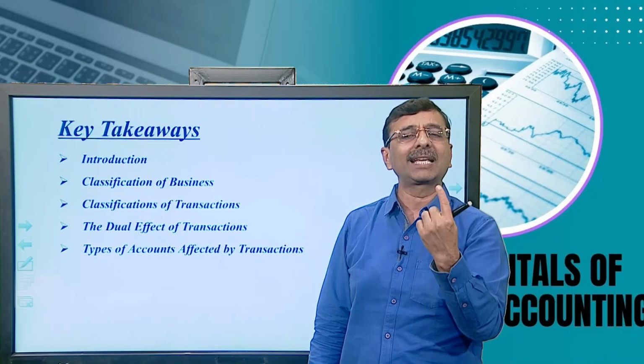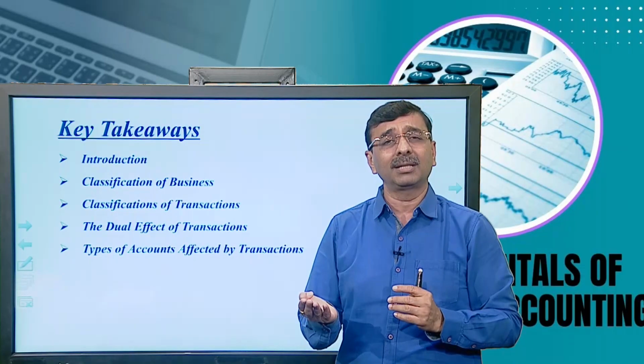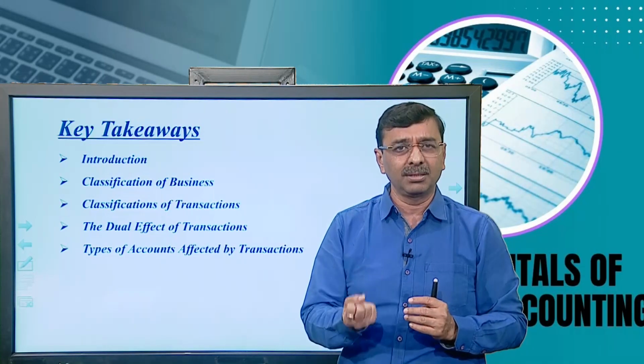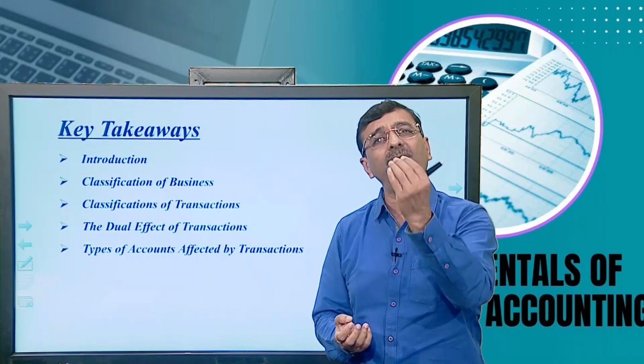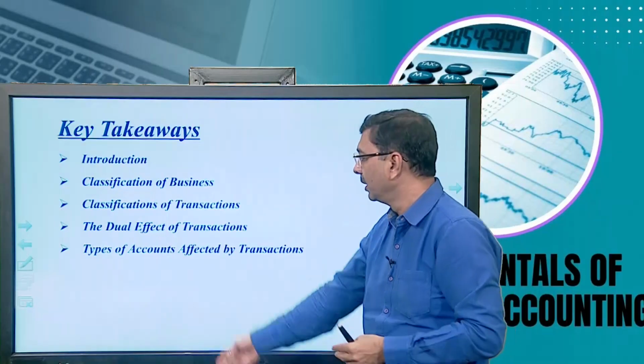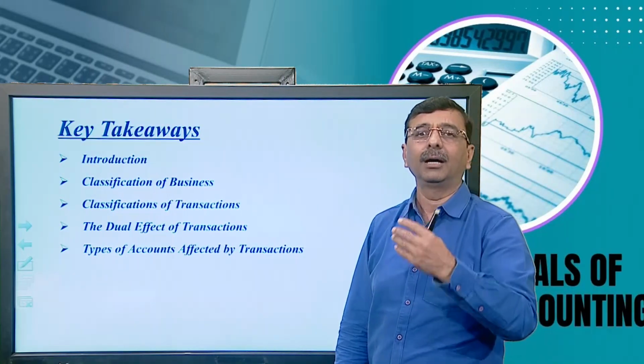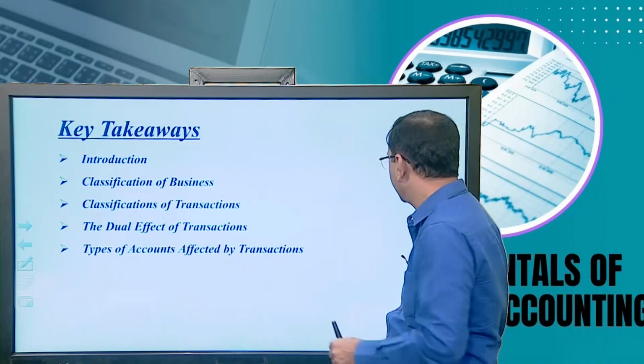Two accounts. One is cash, because the cash comes in. So account number one is cash. Who brought the capital into the business? The owner brought the cash into the business, so it's a form of capital. So the second account is the capital account. So the cash account and capital account are affected in this transaction. So we need to identify the accounts affected in the transactions.